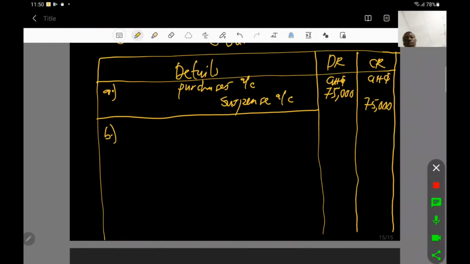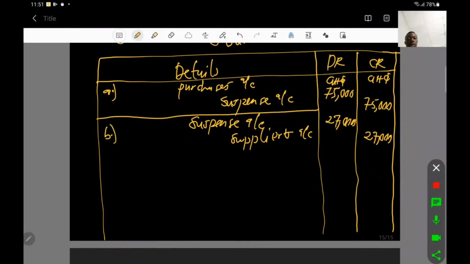Here is going to be the suspense account, which is the difference of 27,000, and then the suppliers account, or more like creditors, is also 27,000. I hope that is clear.